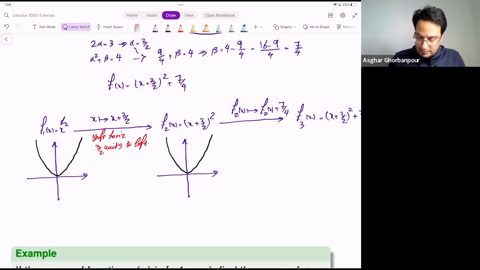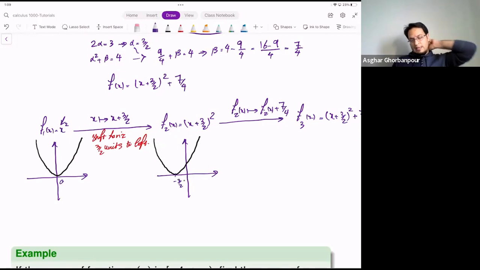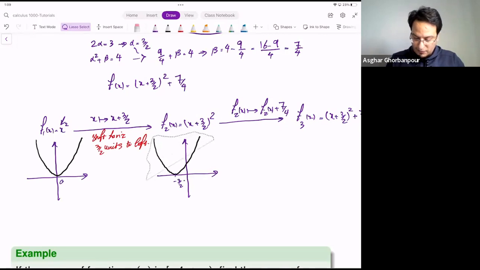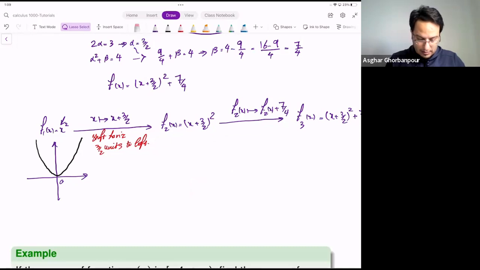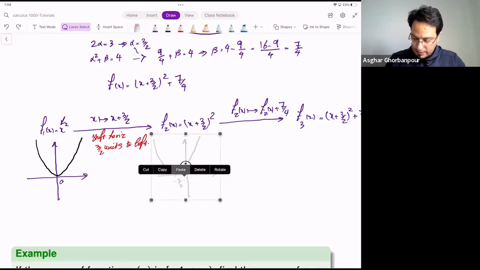So that simply means that I take this one, and before this was 0, here was 0. Now this will go to the negative 3/2. Now I can do the last operation, which is shift vertical upward, copy and then paste.